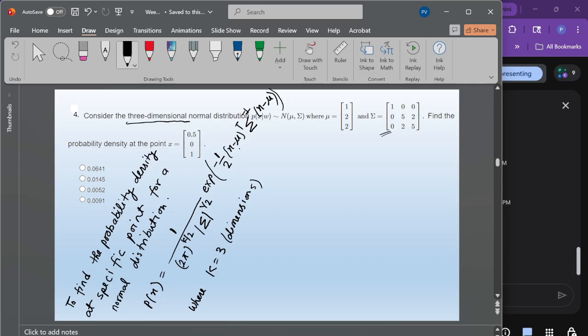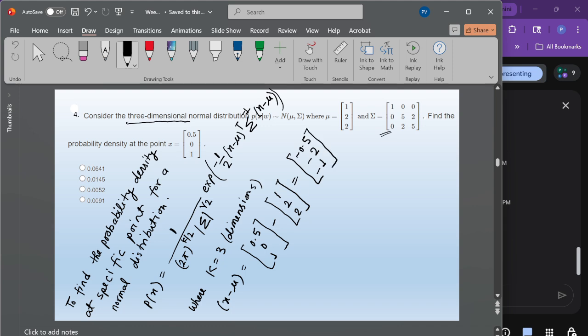So first we need to calculate x minus mu to calculate the whole equation. So x that is given as 0.5, 0 and 1, minus mu, the mean vector, that is 1, 2 and 2. So that is equal to minus 0.5, minus 2 and minus 1, right?